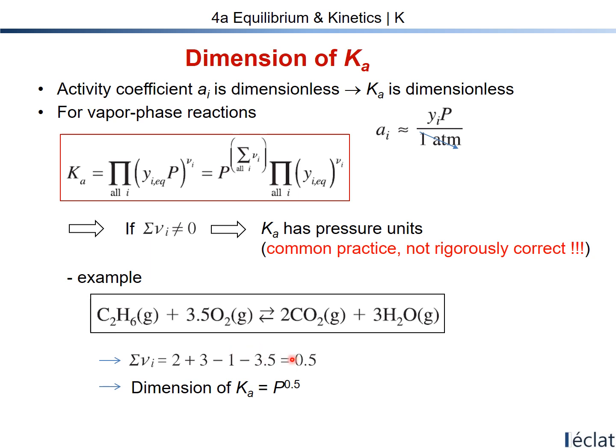So the net of the stoichiometric coefficient is equal to 0.5. It means the moles of product is larger than the moles of reactant. So in this case, the equilibrium constant should have a unit like atm to the square root or something like that.